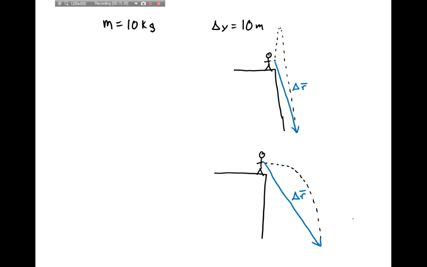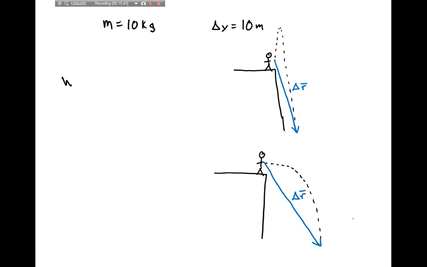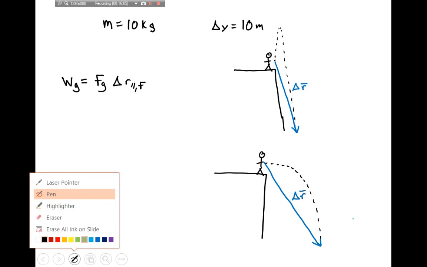Now, remember, there's a lot of different ways we could calculate the work. One way we can calculate the work that's being done by gravity is it's equal to the gravitational force times the component of my displacement that's parallel to the force. Now, if we look at these two displacements, the component of the displacement that's parallel to the gravitational force, that's the component of my displacement that's in the up and down direction, because gravity always points downwards.